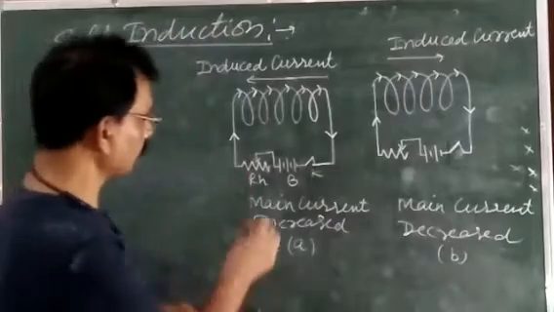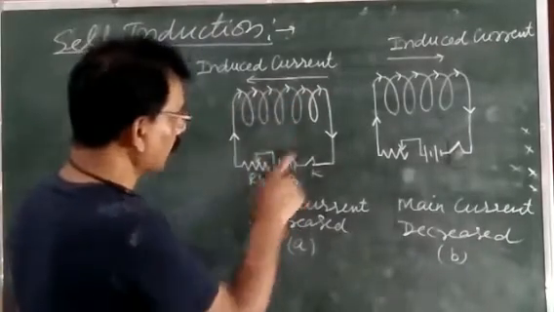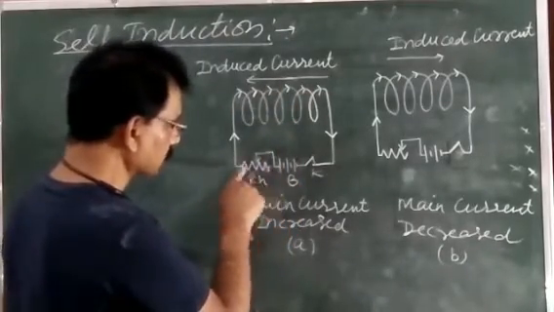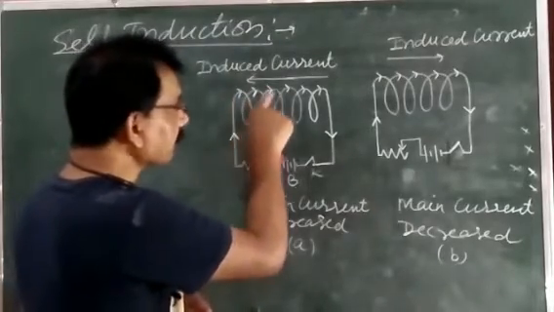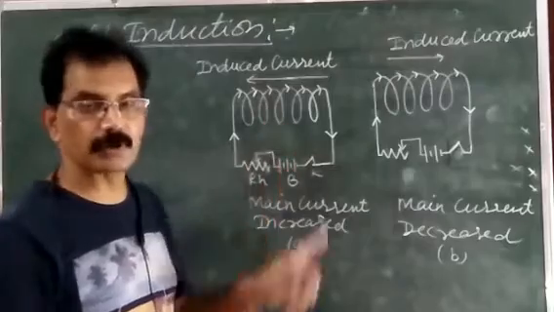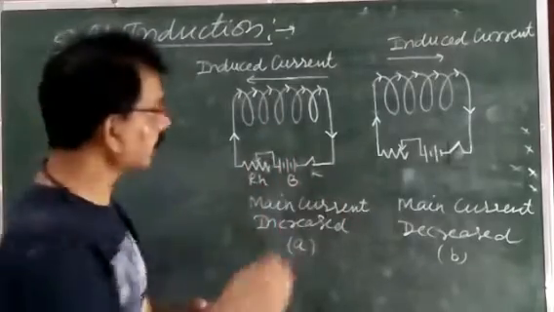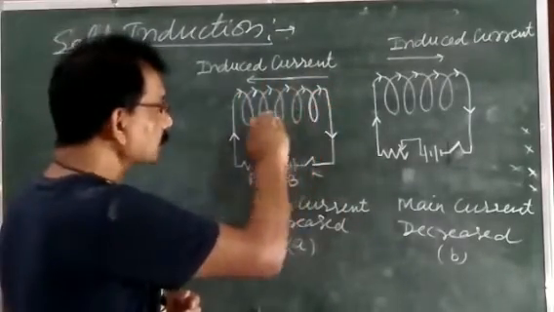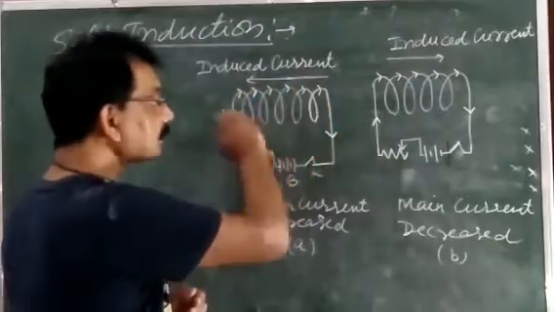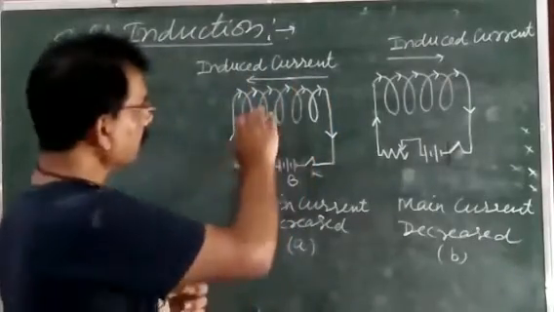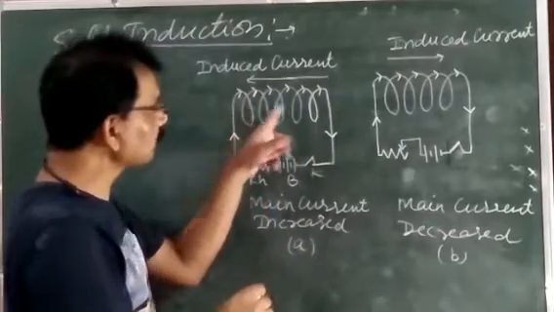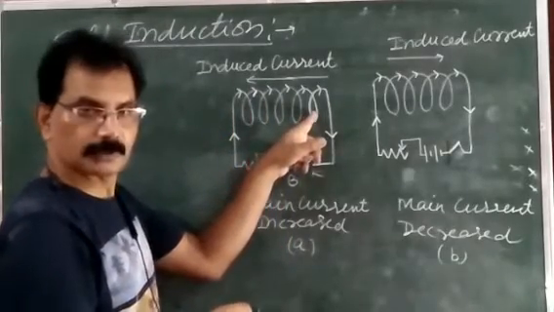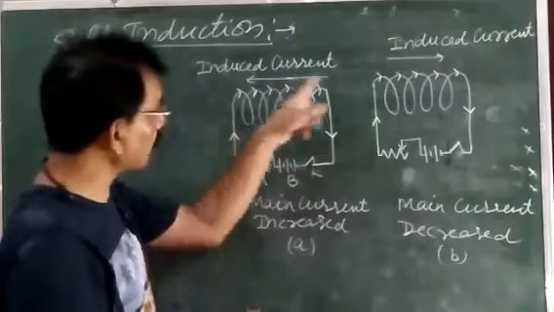Suppose in this coil, with the help of this rheostat, we increase the current. When the main current increases, a current carrying coil behaves like a magnet. It means the magnetic lines of force passing through itself change. When the magnetic lines of force passing through itself change, an induced EMF is set up as well as induced current because the coil is closed.